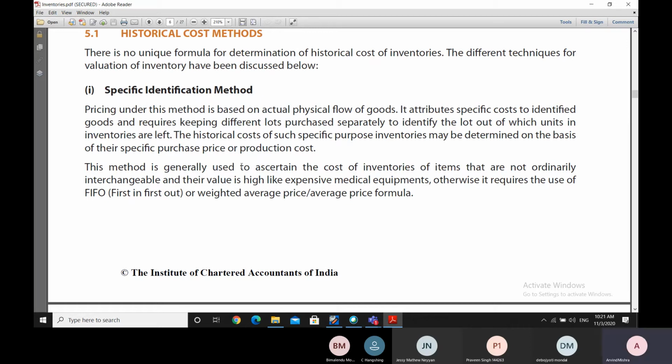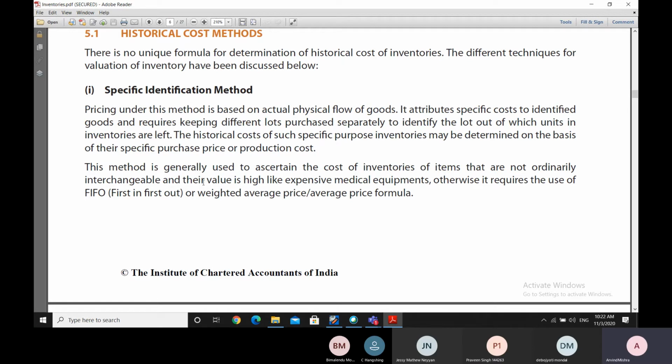Now, this method is generally used to ascertain the cost of inventories of items that are not ordinarily interchangeable, because it is not possible for ordinarily interchangeable items to be kept in proper lots. And this method can be utilized better, in an easy way where items are not ordinarily interchangeable.